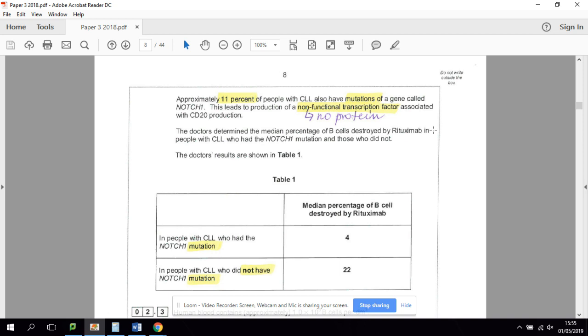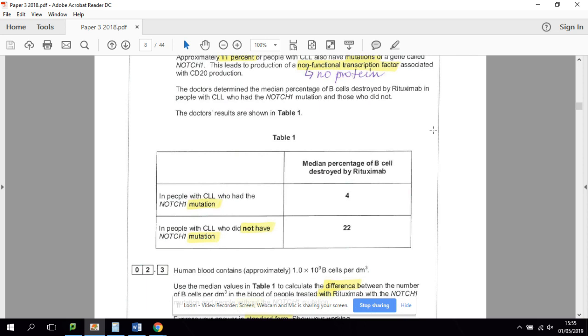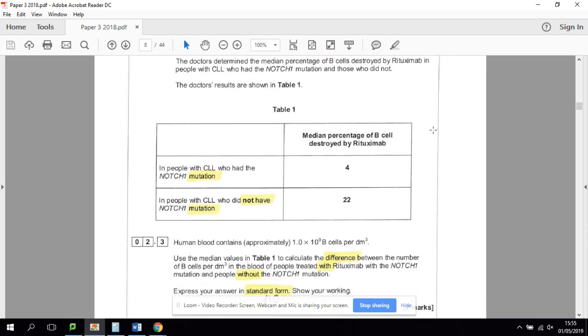The results with the mutation and without the mutation were shown in table 1. In table 1, we've got the percentage. So be careful, it's a percentage. So 4 means 4%, not 0.04. 22 means 22%, not 0.22. So be careful with what you're reading.